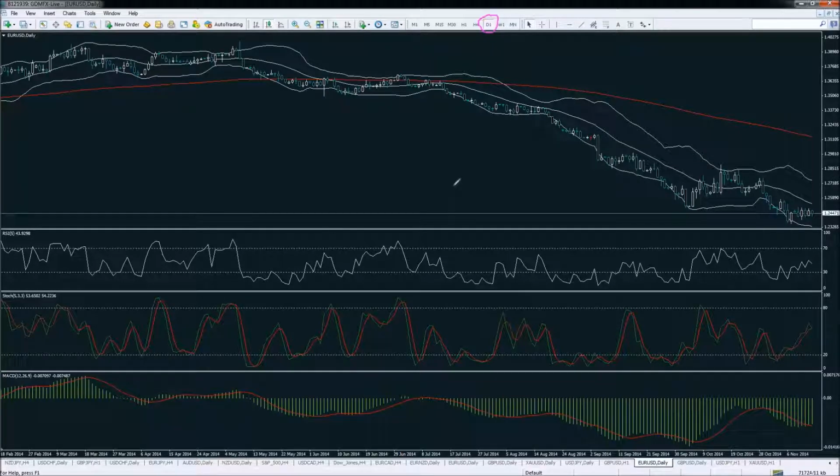Each and every one of those indicators we're using on the daily chart, because of these settings that we're using, as we mentioned: relative strength 5 period, stochastic 5-3-3, Bollinger Bands 20 exponential with a deviation of 2, and of course the exponential moving average of 200, the most followed by traders.